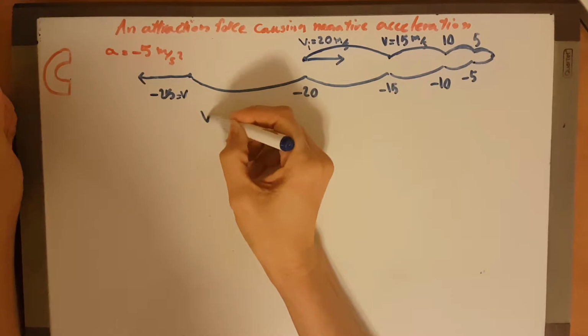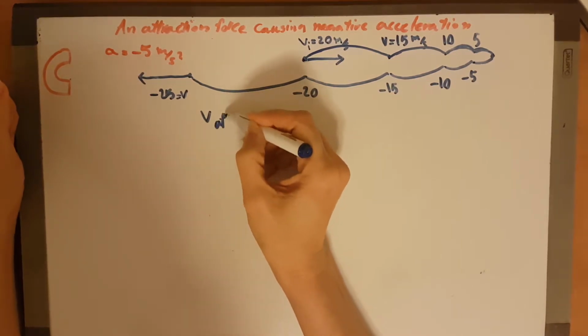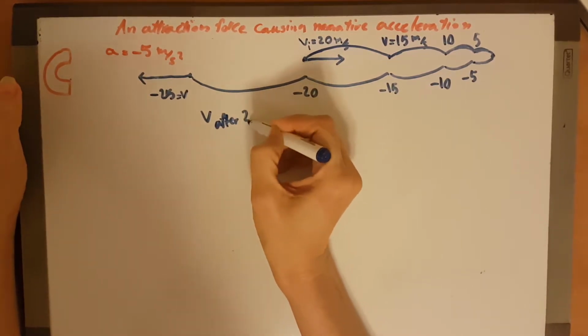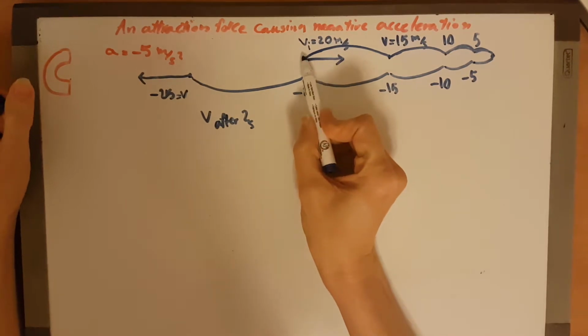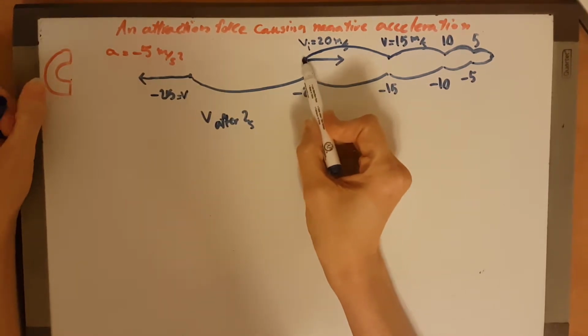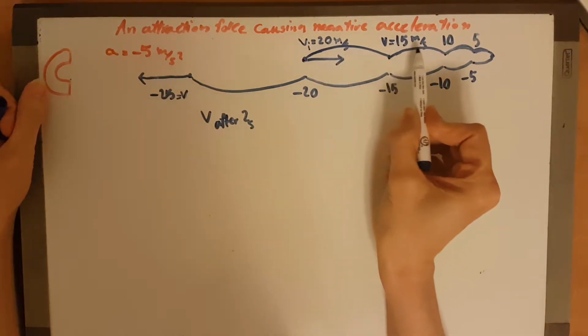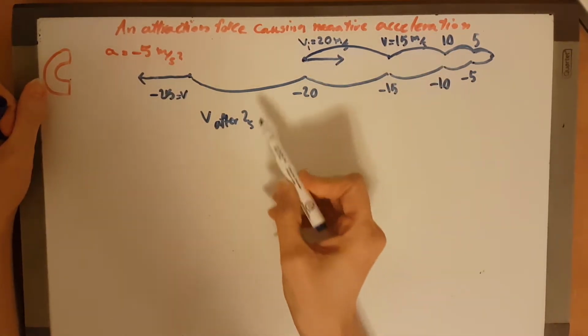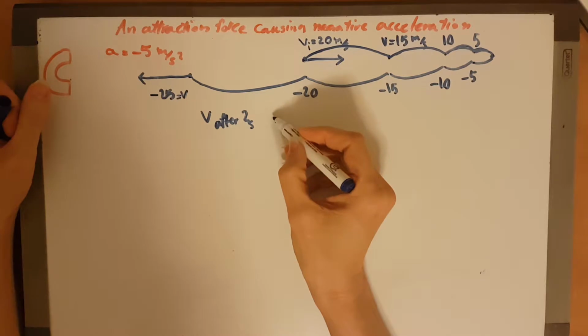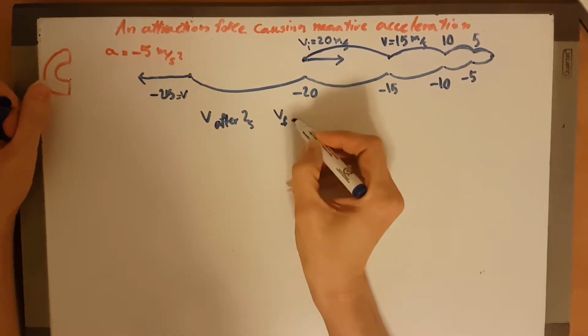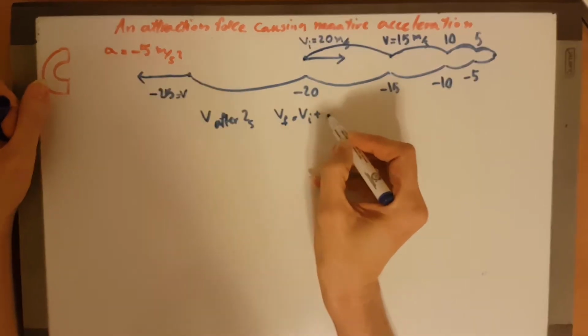Let's find the velocity after 2 seconds. So this is the starting point, the initial, the origin, 1 second, 2 seconds. What is the velocity after 2 seconds? V final equals V initial plus at.